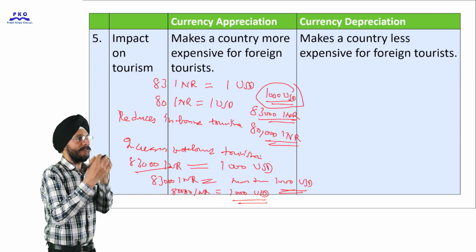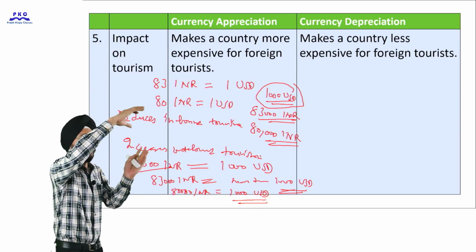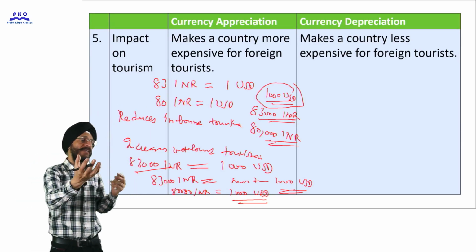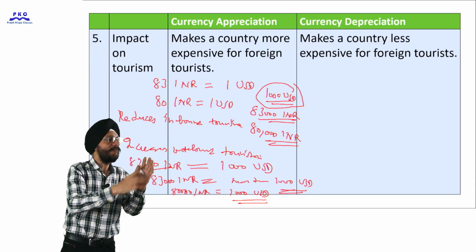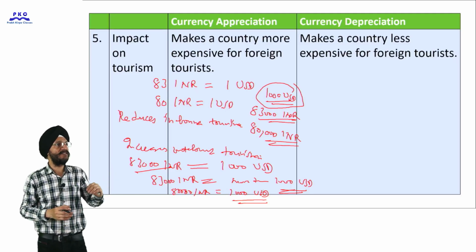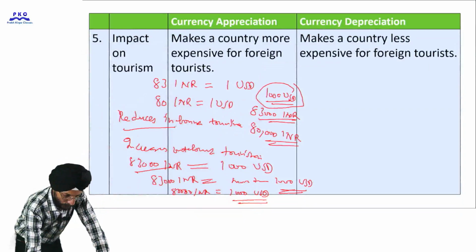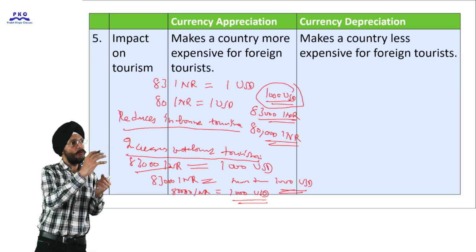If he decides to spend the same 83,000, he will get more than 1000 US dollars, but if he spends only 1000 US dollars, he will pay less in domestic currency. So currency appreciation reduces inbound tourism and increases outbound tourism. It has two effects on tourism.